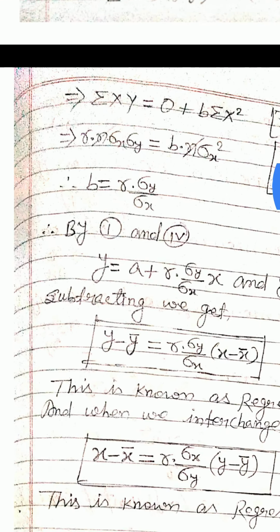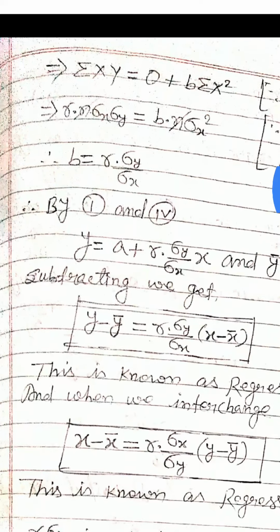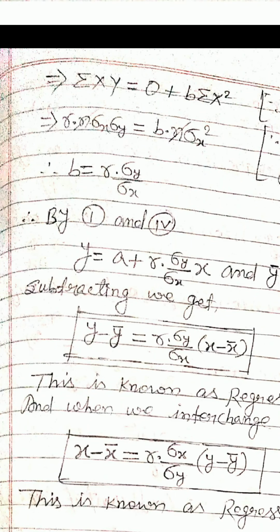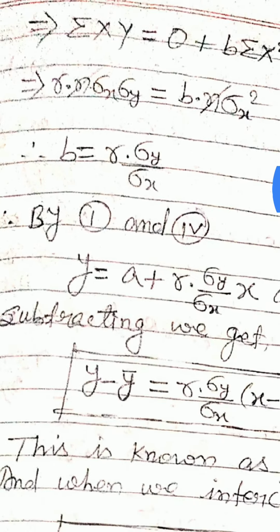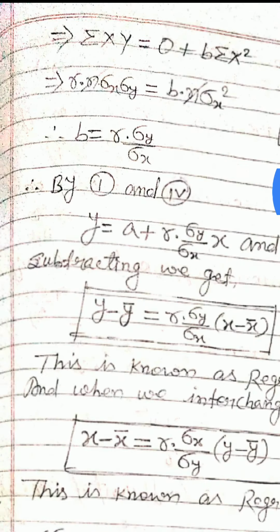Finally we get b is equal to r into sigma y by sigma x, and that is known as the regression coefficient of y on x. Once again I repeat, this value r into sigma y by sigma x is known as the regression coefficient of y on x.